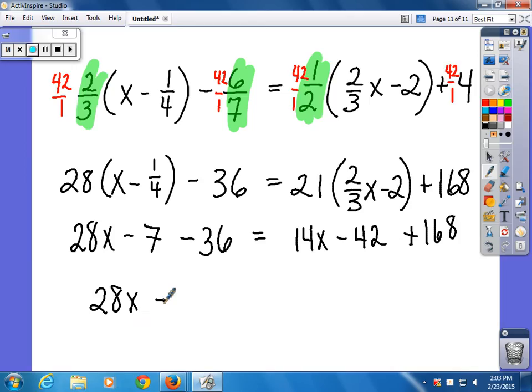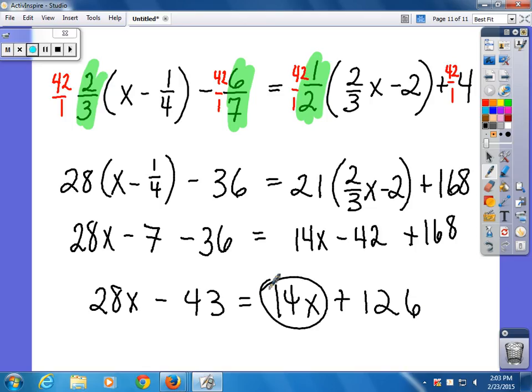-7 minus 36. What'd you say? Thank you. Is equal to 14x minus 42 plus 168, 146. 126, sorry. Which one's the smallest bucket?